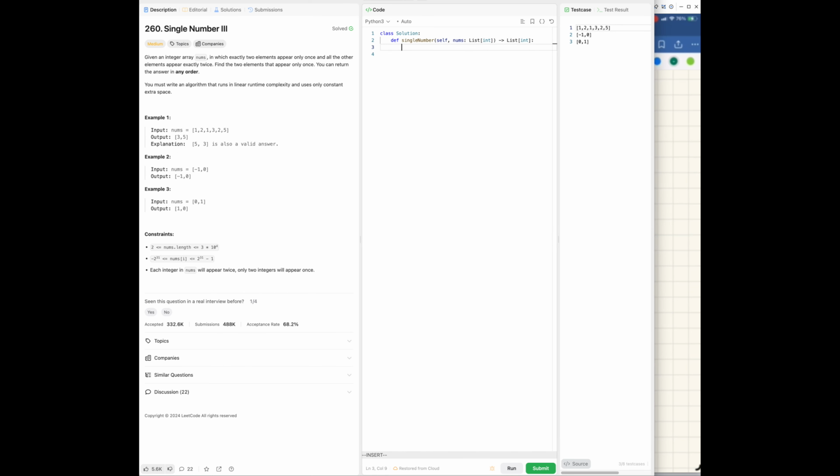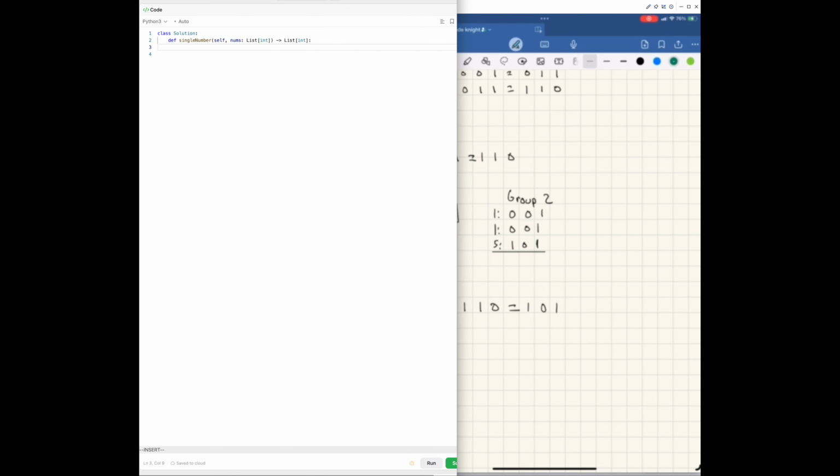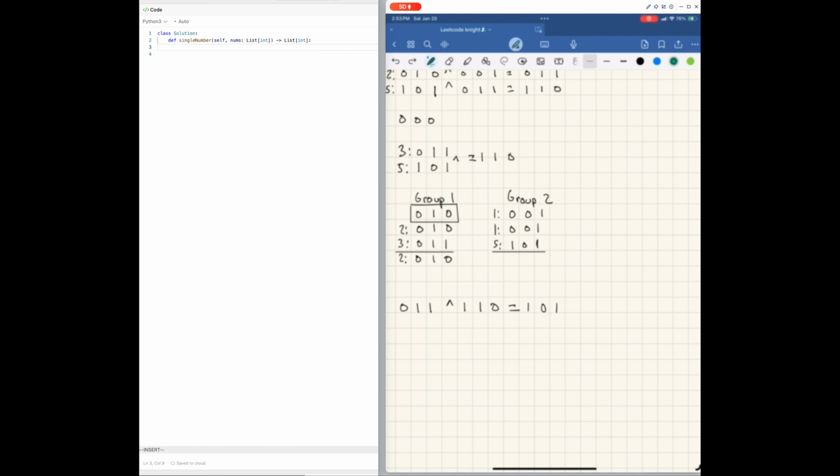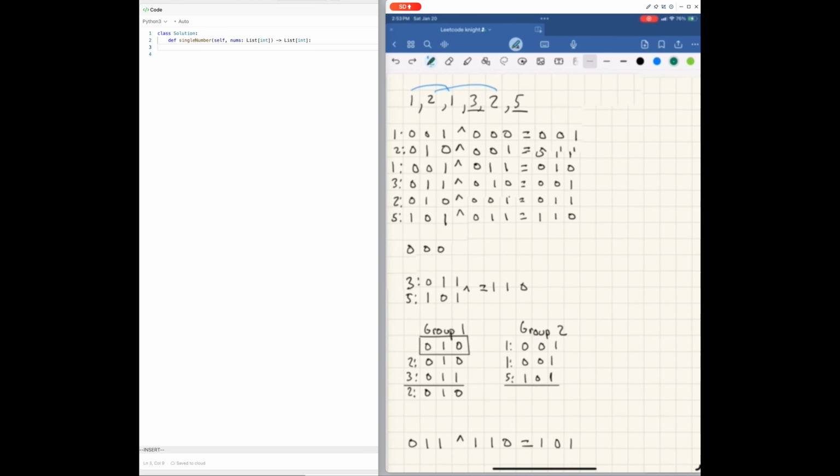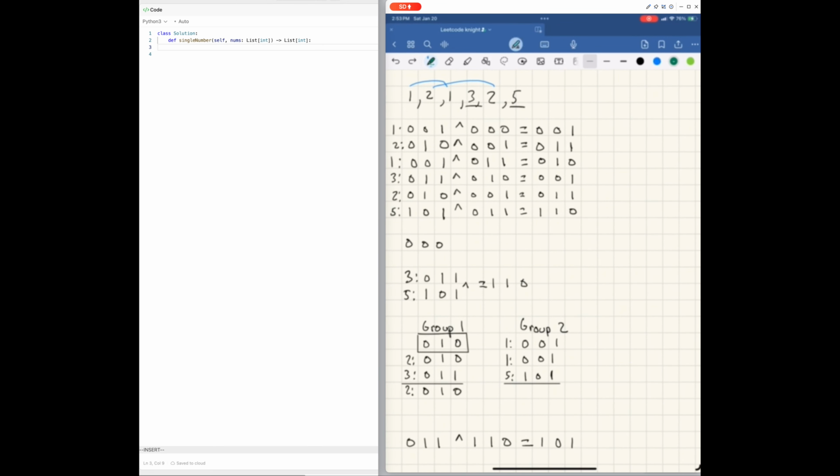So we know that, if you remember from earlier, we need to first get to a number that is the XOR of 3 and 5, right? So let's write that code.